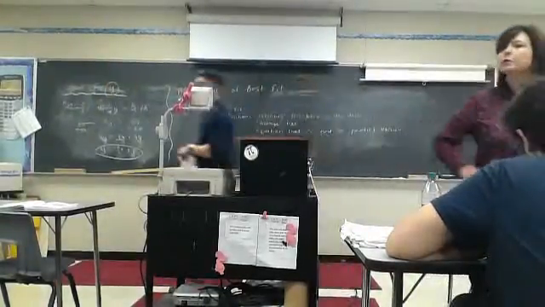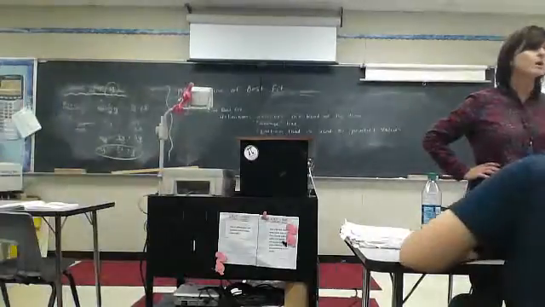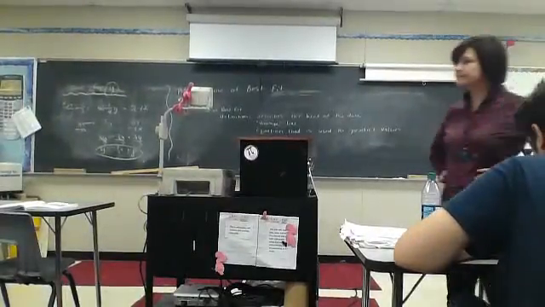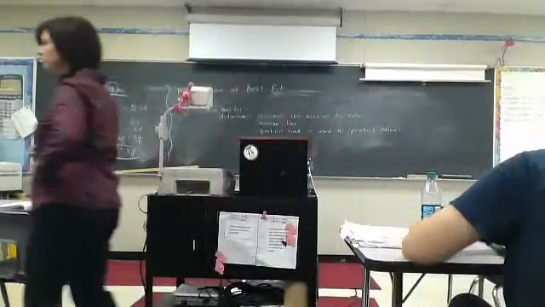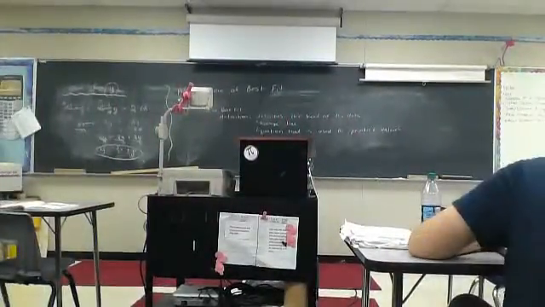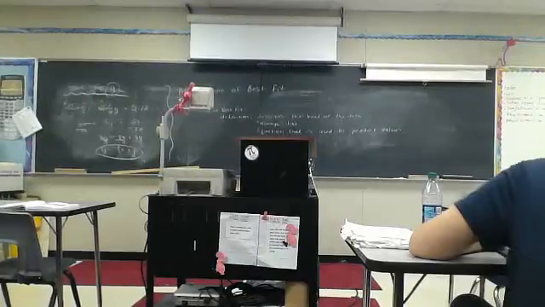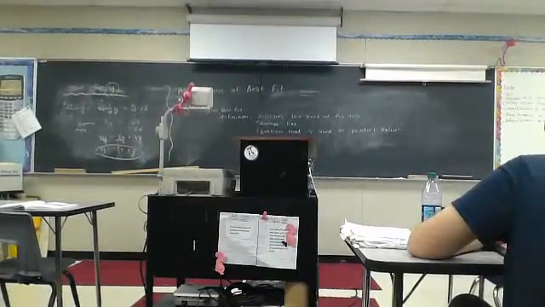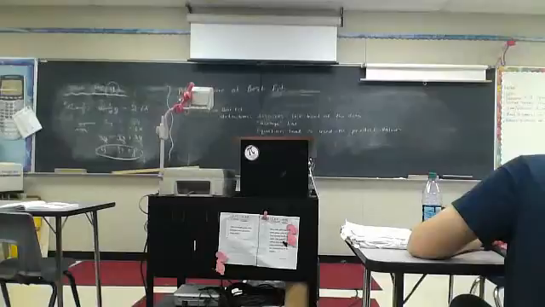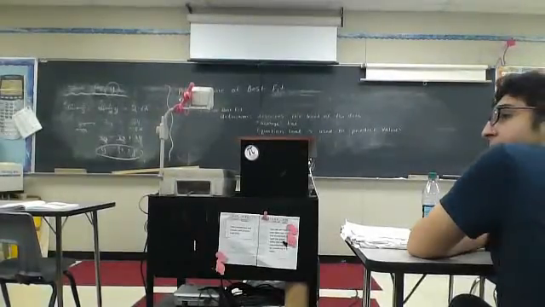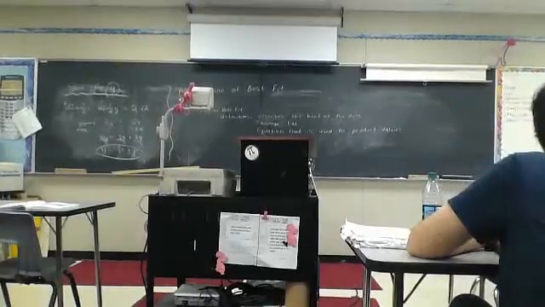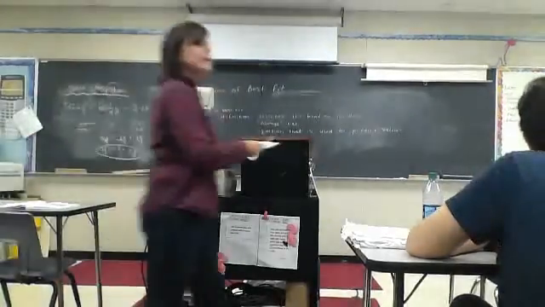When you're done with that, you can close your book and put it off to the side for a minute. Now we're going to put that to use. We're going to work this next half sheet together. Is this still in our book? It will be.